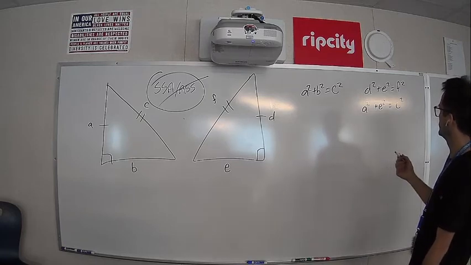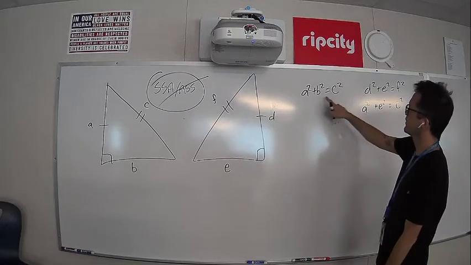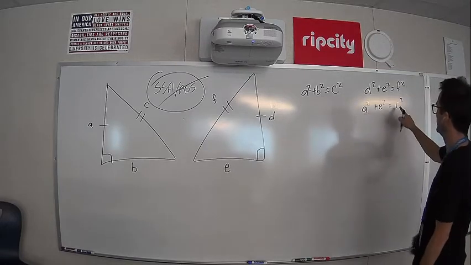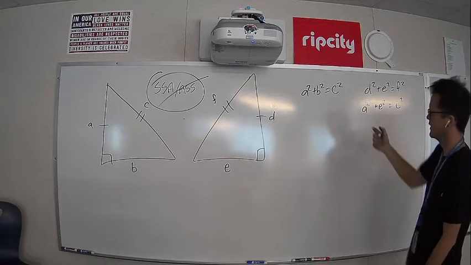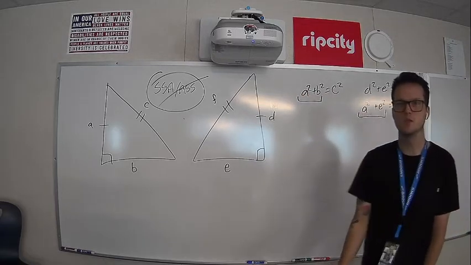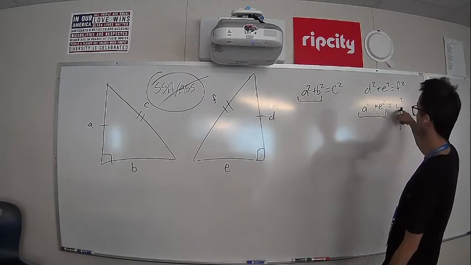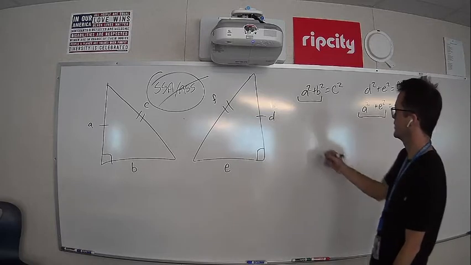Okay, we're going to do some more substitution here. We know that c squared equals this stuff. We know that c squared equals this stuff. So I'm going to take these 2 chunks and set them equal to each other, just using substitution. I'm essentially saying that c squared equals c squared, but I'm using the values here.